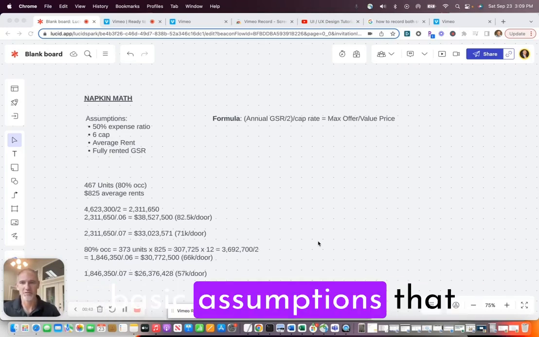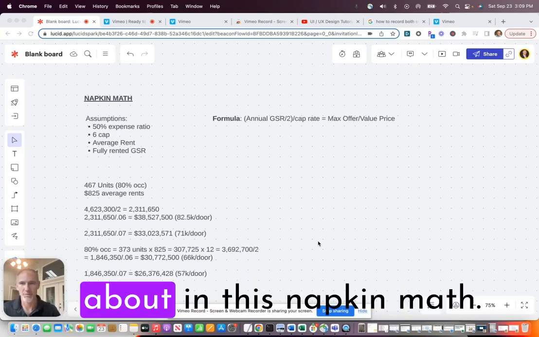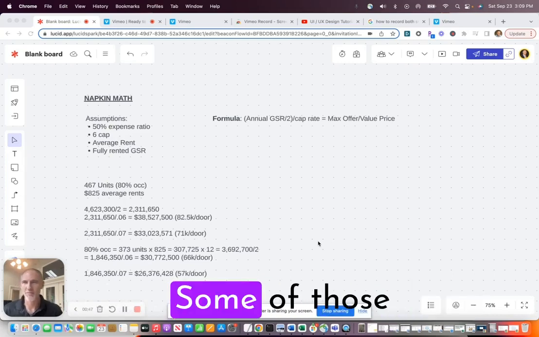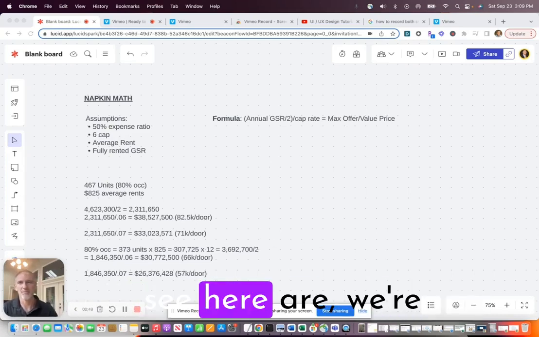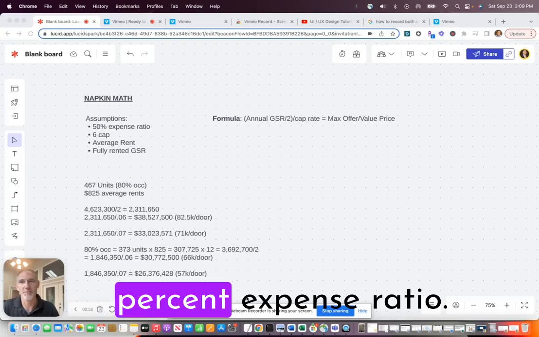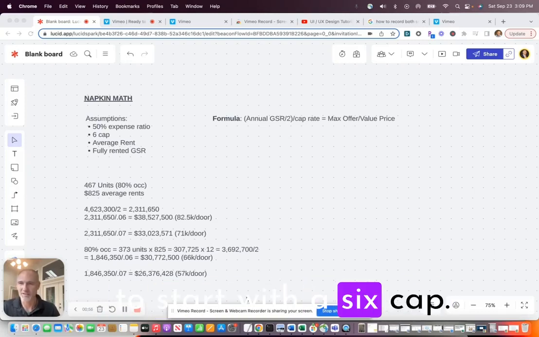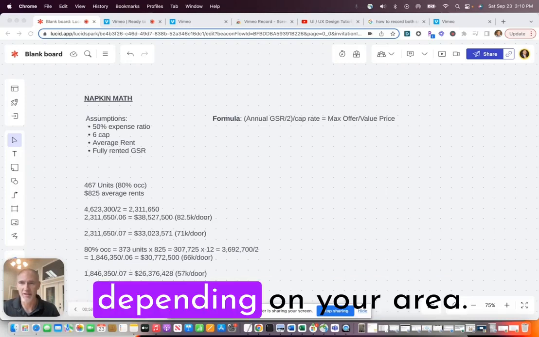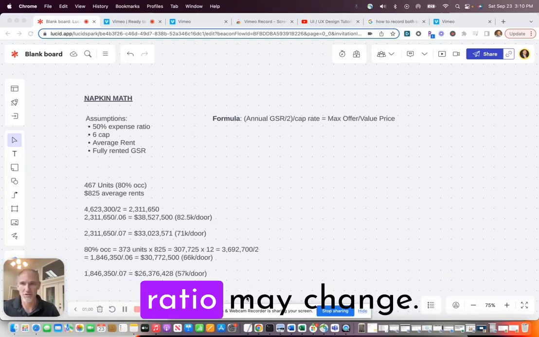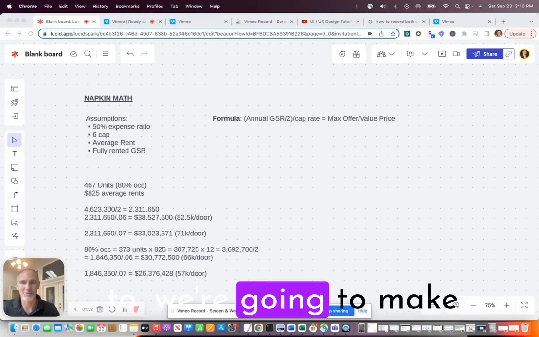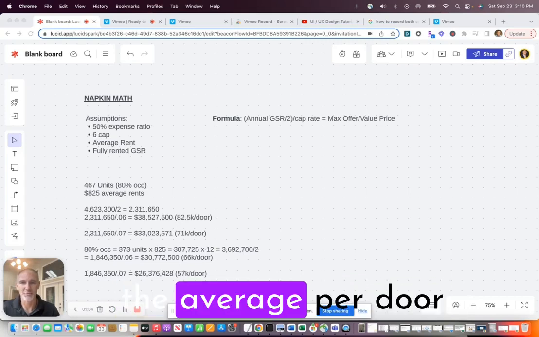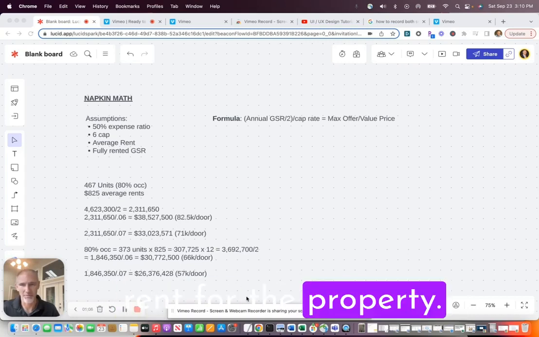There's some basic assumptions that I want to talk with you about in this napkin math. Some of those assumptions you can see here are we're going to use a 50% expense ratio on a property. We're gonna start with a 6 cap. Now that may change depending on your area. Also, the expense ratio may change, and then we're gonna make an assumption about the average per door rent for the property.